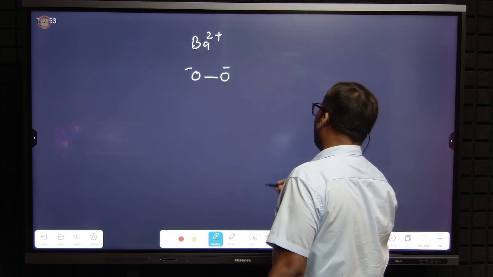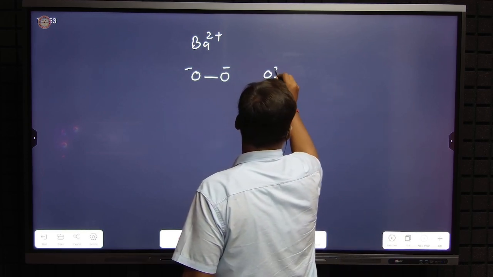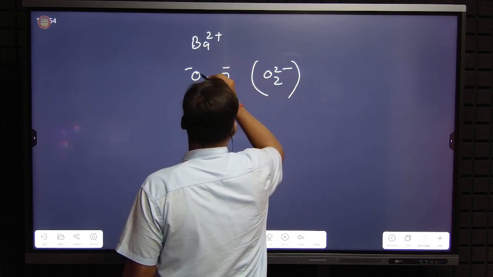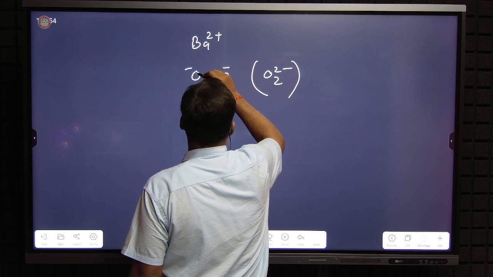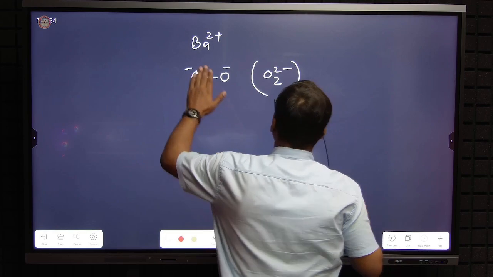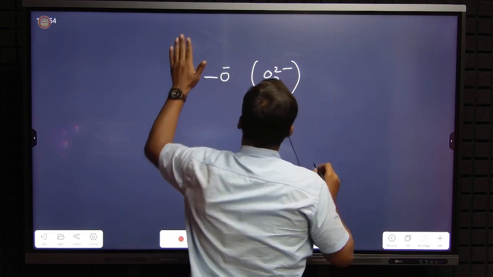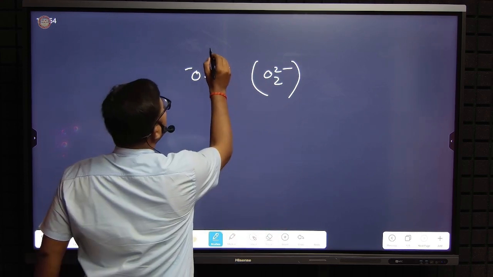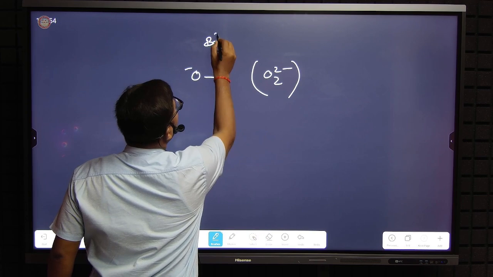So O2 2 minus. For the sake of simplicity we just write barium in the center, Ba2 plus.